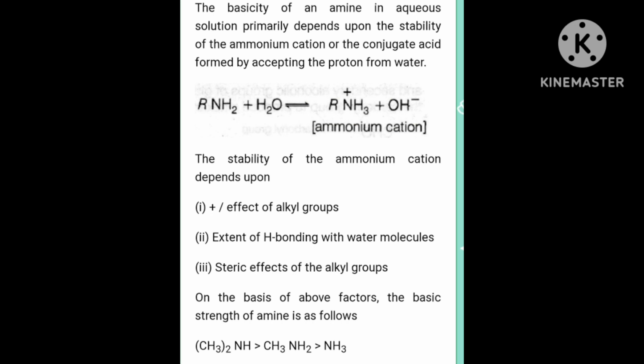Here molar concentration of RNH3 plus, you have to write in big bracket, into molar concentration of OH ion, divided by molar concentration of RNH2 into molar concentration of H2O, that is equal to K, the equilibrium constant.